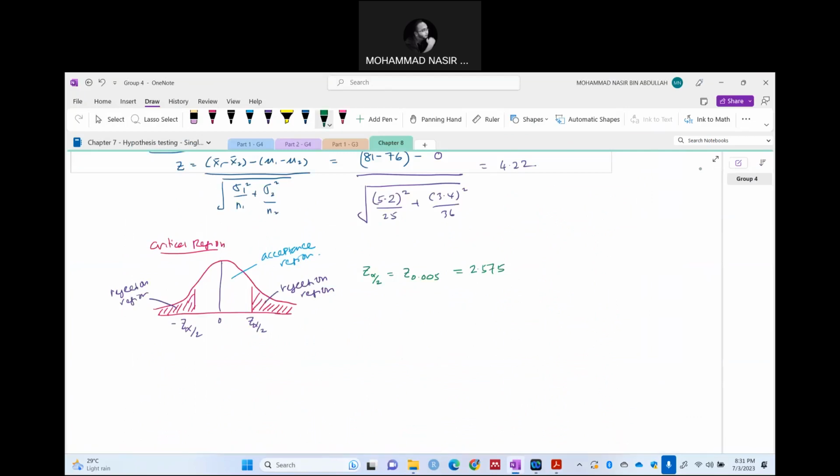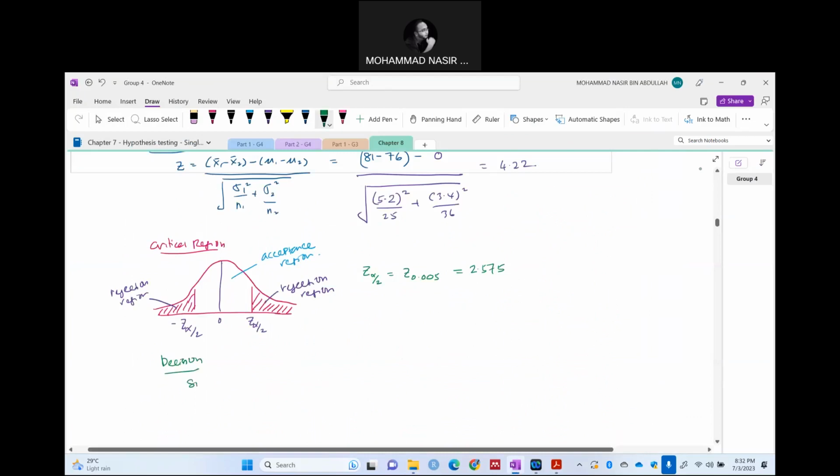Okay. So our decision here is, since Z calculated, so what is the Z calculated? This is Z calculated 4.22, more than Z alpha divided by 2, then the null hypothesis is rejected. Right?